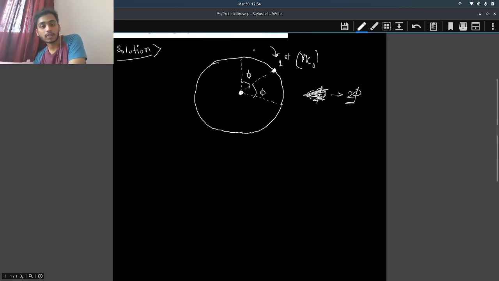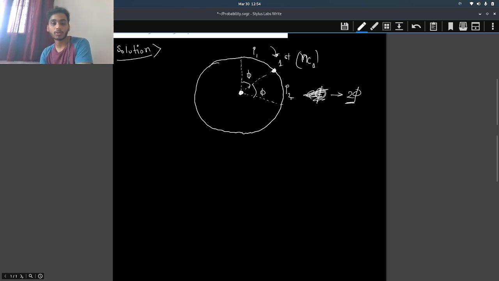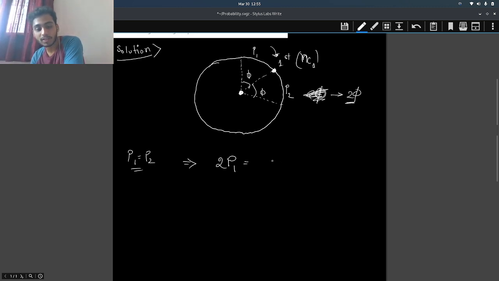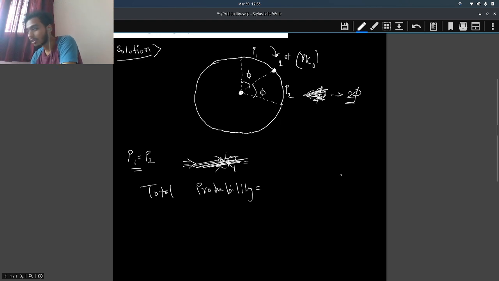So again, let's say the probability that all the points lie in this sector and the probability that all the points lie in this sector are P1 and P2. P1 will be equal to P2 obviously, because it's quite symmetric. So let's see the total probability of all points ending up in either of the arcs.